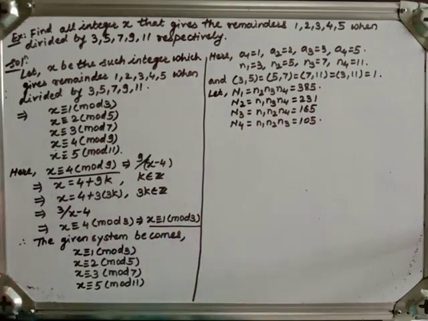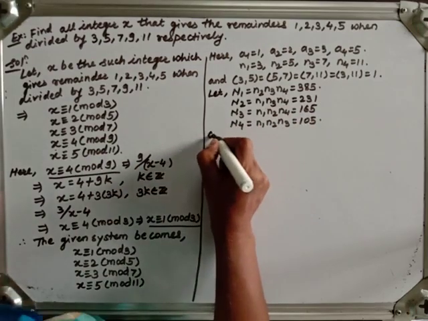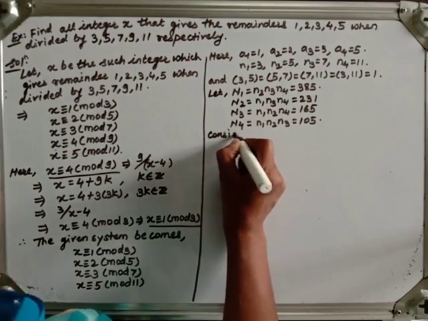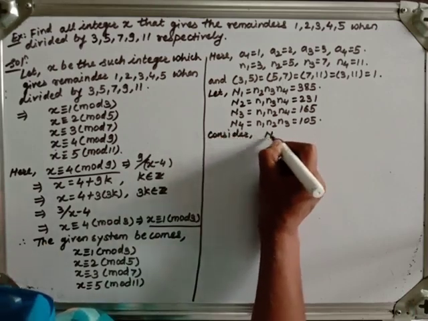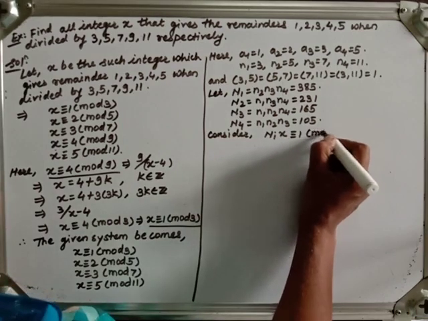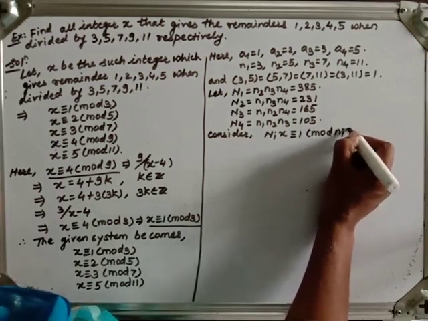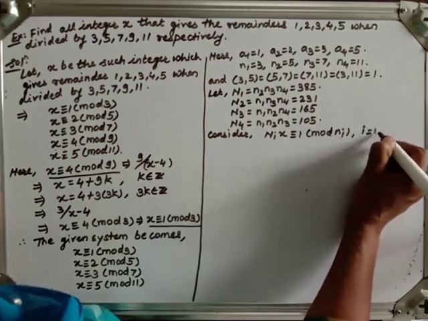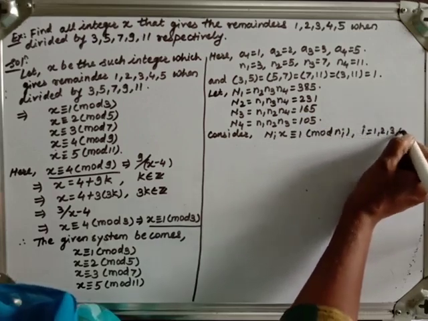Okay. Now here consider Ni x congruent to 1 modulo ni for i from 1, 2, 3 and 4.